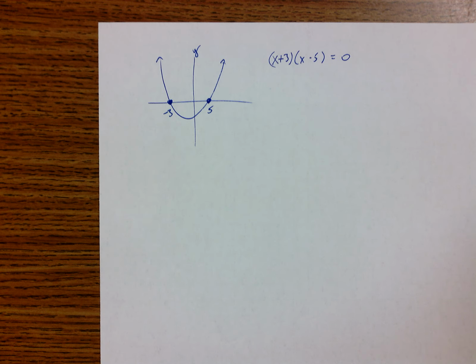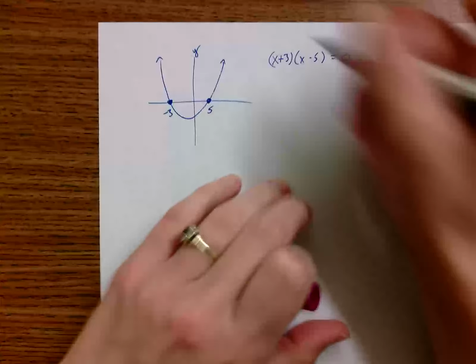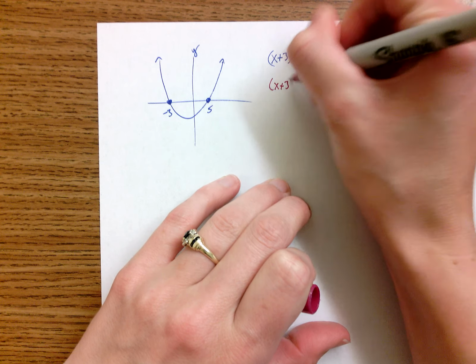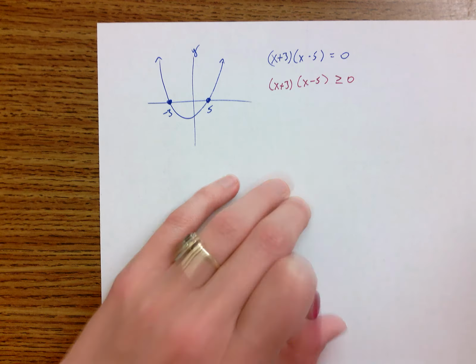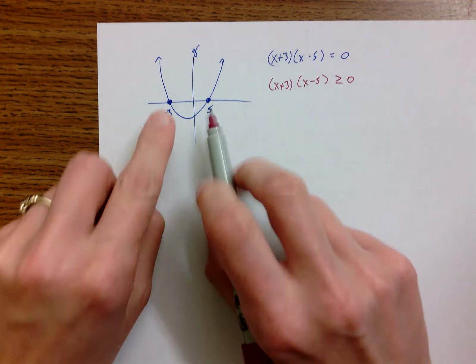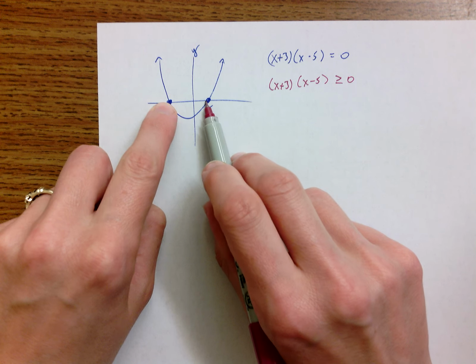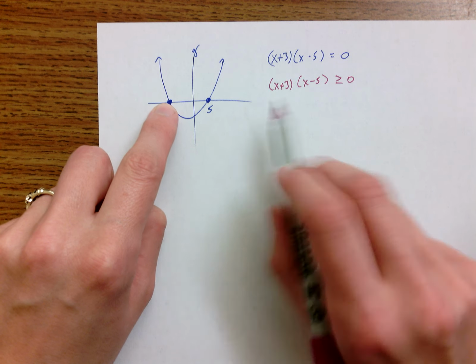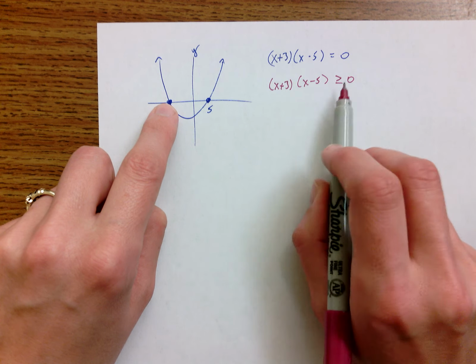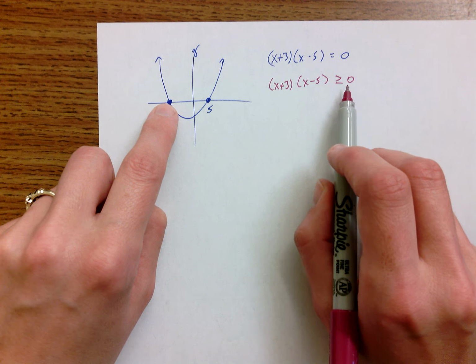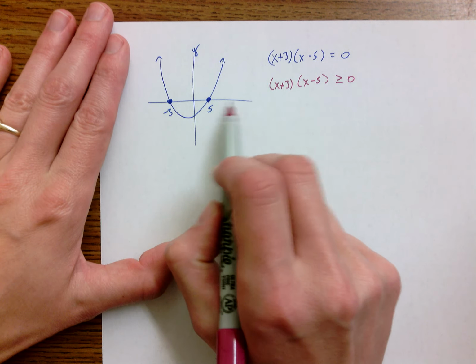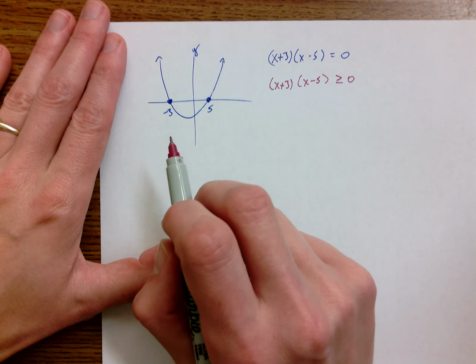Now when we start looking at inequalities, what's changing is that I'm going to have an inequality like this. Instead of just looking for the points where my graph is equal to 0 on this line, I'm looking for what values of x give me something that's greater than 0. So now instead of just looking at where y is 0, I'm looking for anywhere that y is greater than 0.